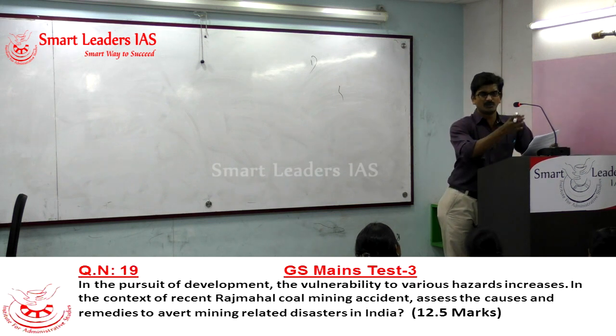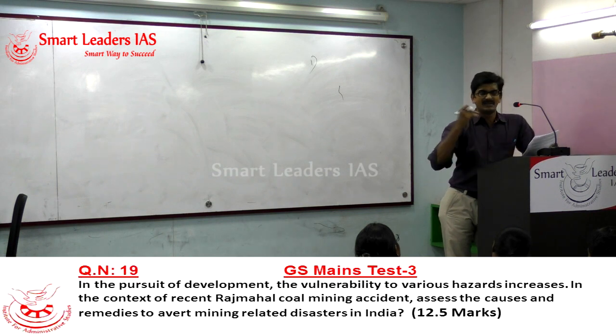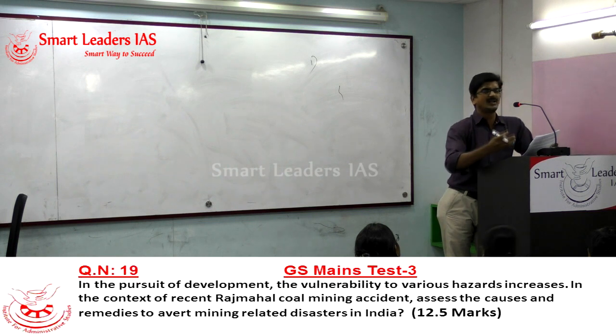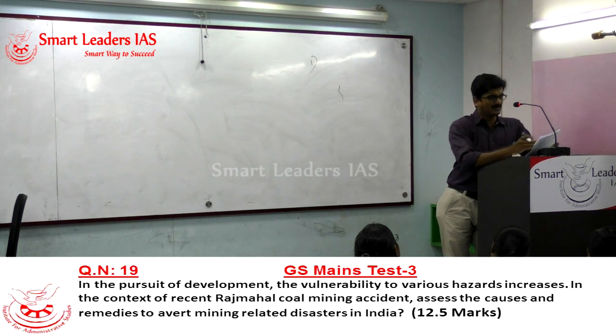At an opportune moment, these vulnerabilities transform themselves into disasters. So in our developmental path, we are generating and accumulating vulnerabilities. It is these vulnerabilities which make us prone to disasters. That's the theme the first statement speaks about.